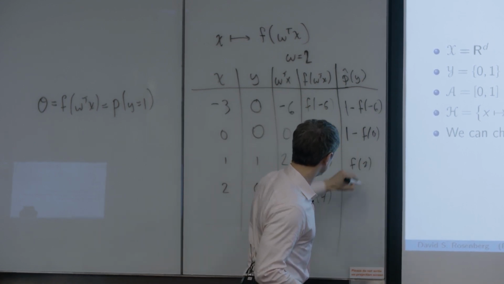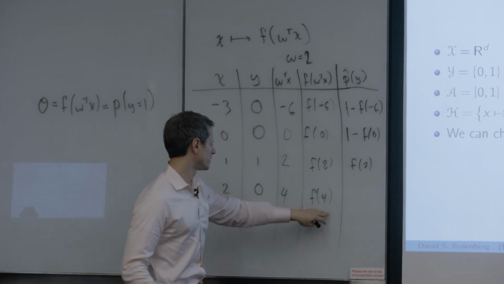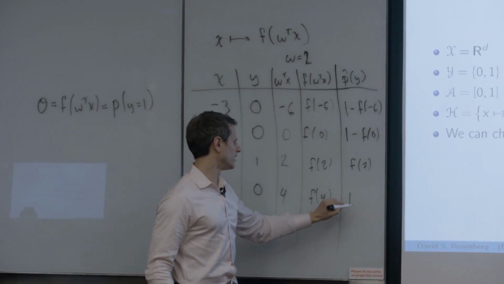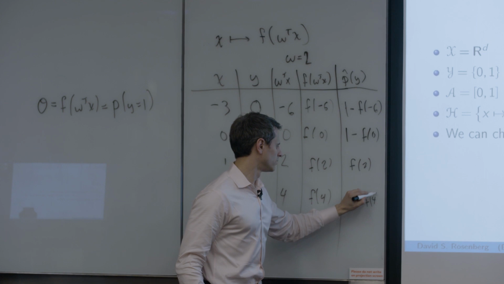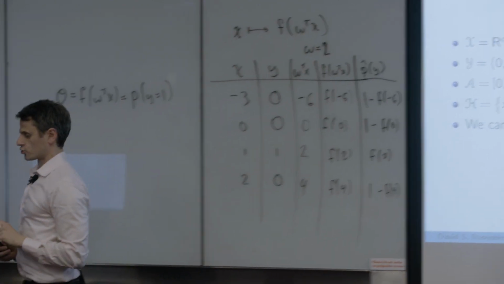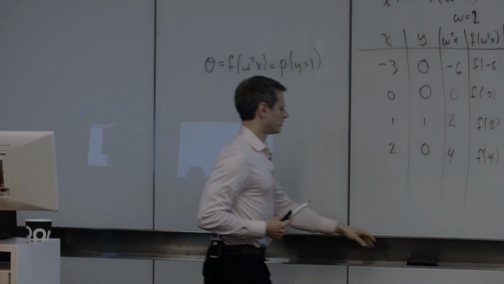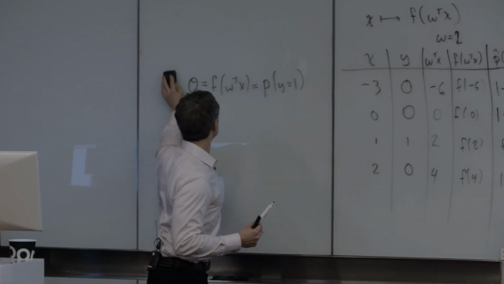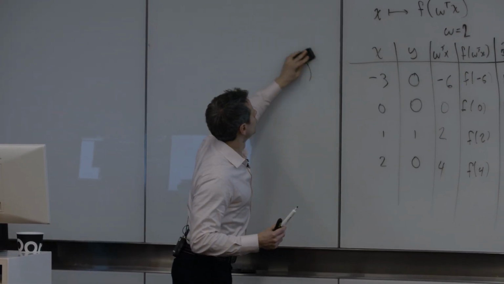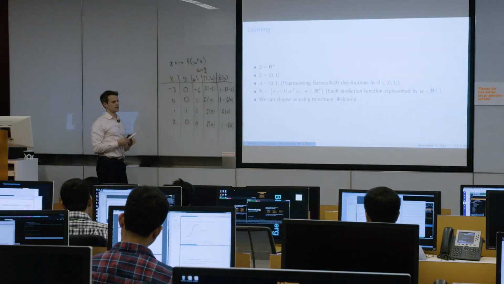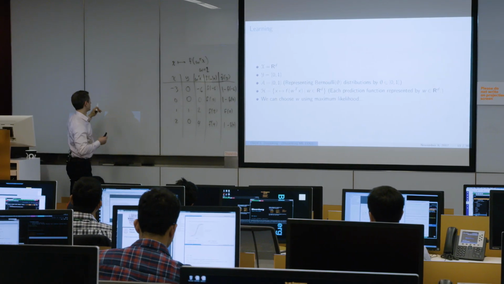Great. And this one, the last one? 1 minus f of 4. Yes, 1 minus f of 4. OK. So we know the probabilities of all the outcomes. So if this whole thing is our data set, what's the likelihood of our data set?